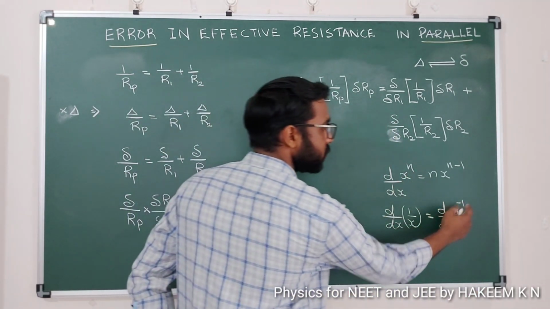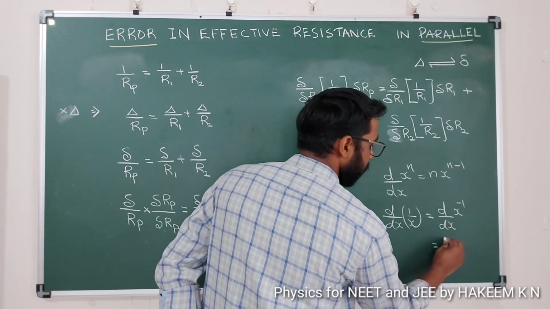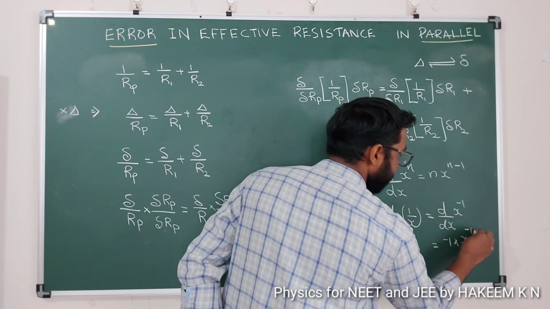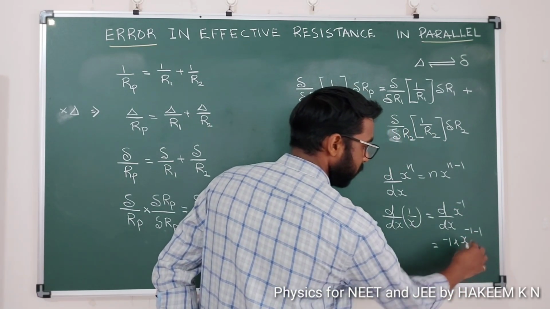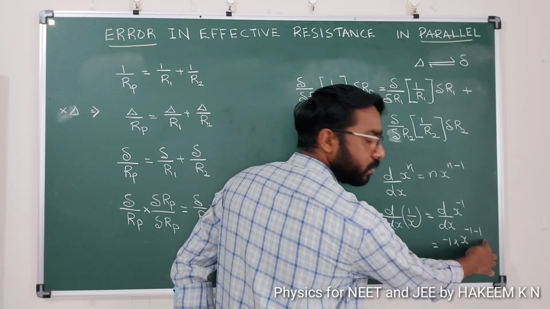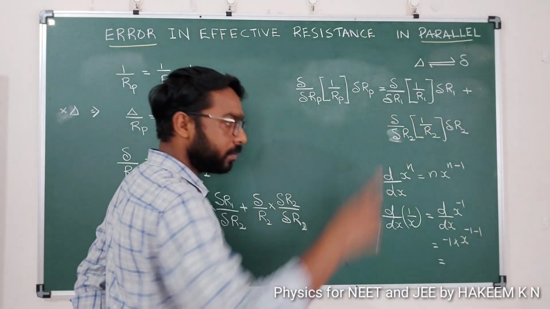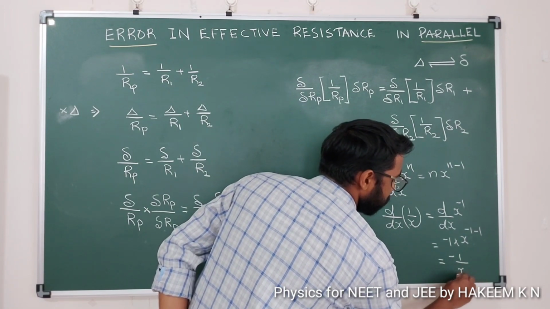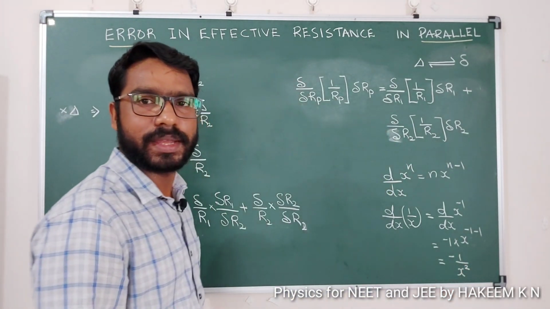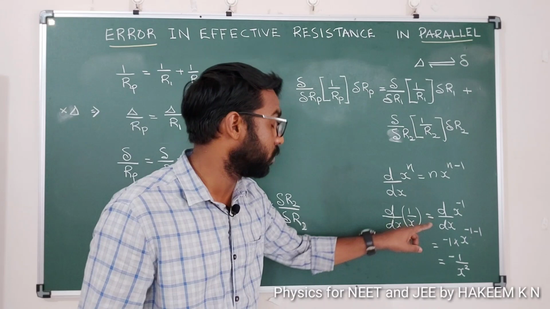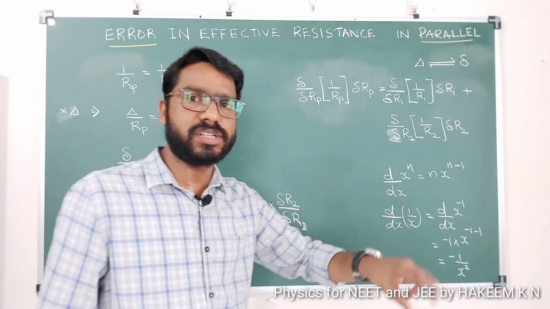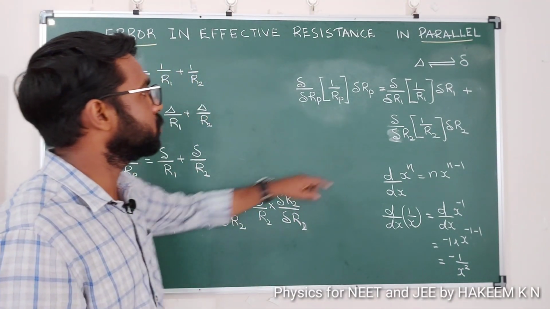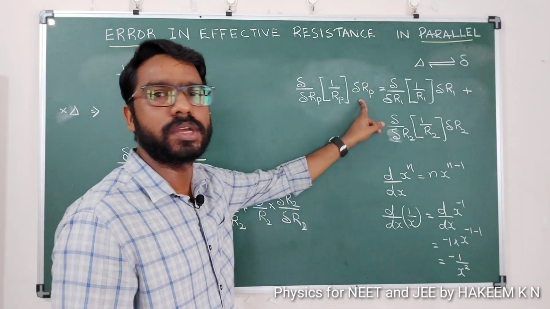So, instead of n there is minus 1, so minus 1 into x raised to minus 1 minus 1, then we get x raised to minus 2, which is minus 1 by x square. Minus 1 by x square is the differentiation of the reciprocal of x. Now we can substitute that method here.